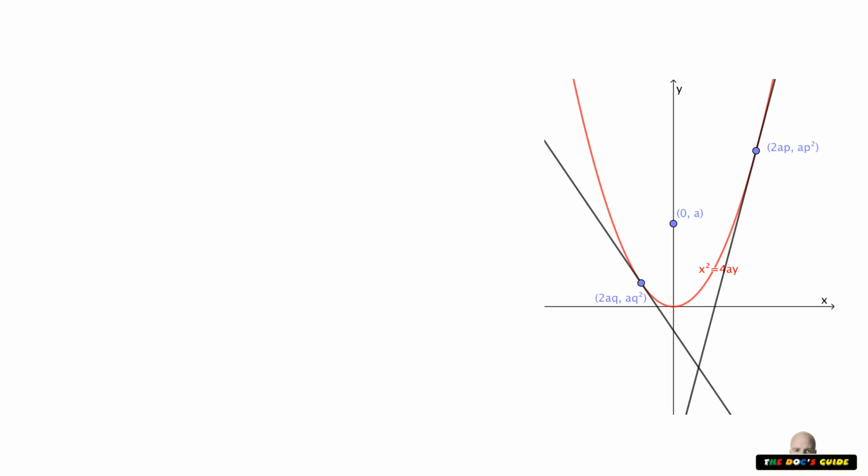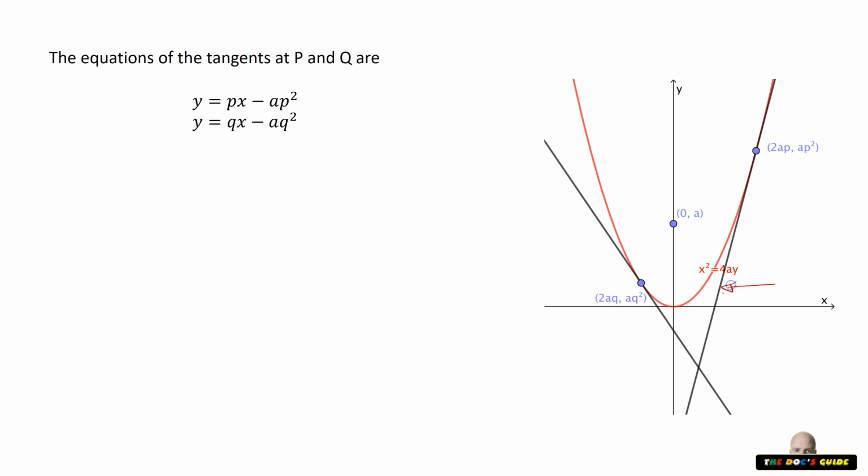So now let's have a look at the case where we've got two tangents, and obviously the two tangents will intersect at a point. So the equations of the tangents at P and Q are, going on what we did above, y equals px minus ap squared for this tangent, and for the tangent that passes through point Q with coordinates 2aq, aq squared, the equation of the tangent is y equals qx minus aq squared.